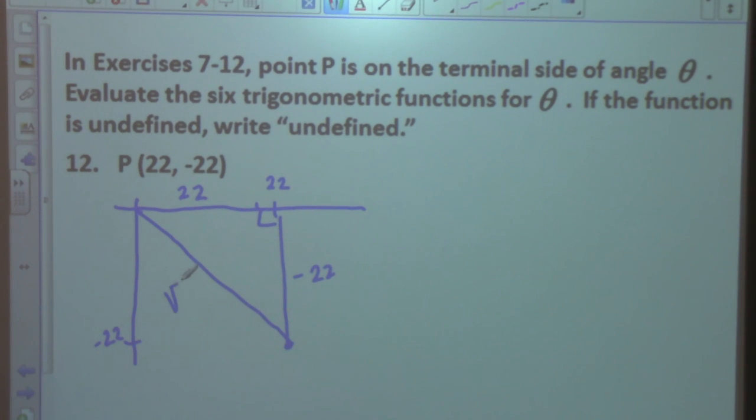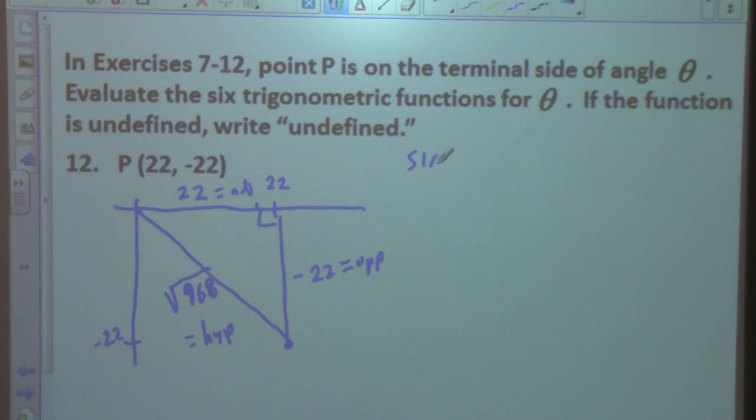Thank you for helping me out. Square root of 968. And so right here, this is your opposite. This is your adjacent. This is your hypotenuse. And you can do some simplification too, but just in the interest of time, we're just going to write these out.